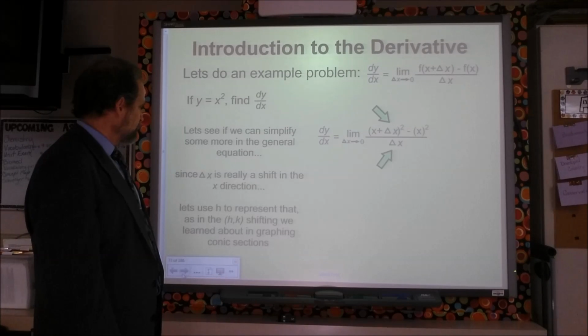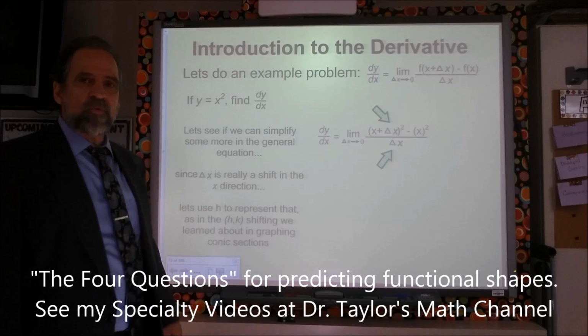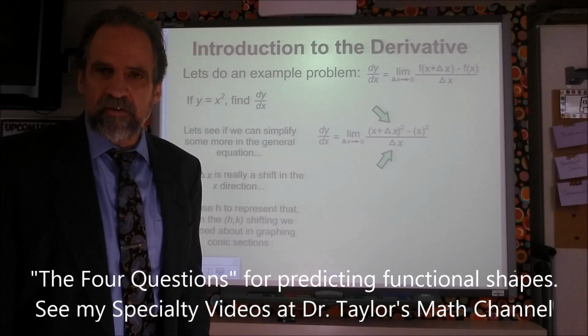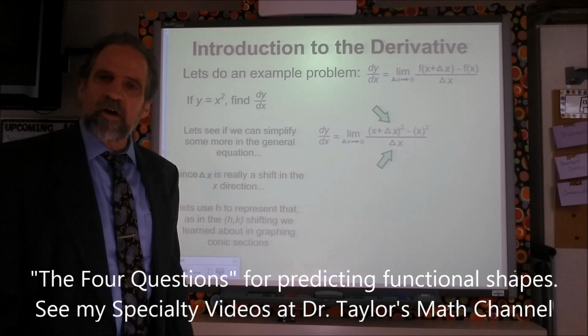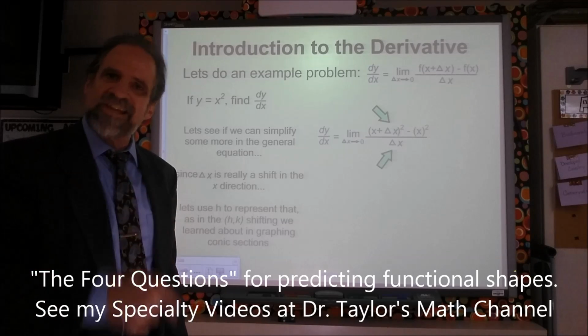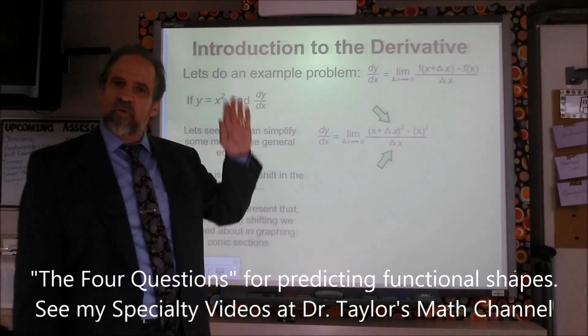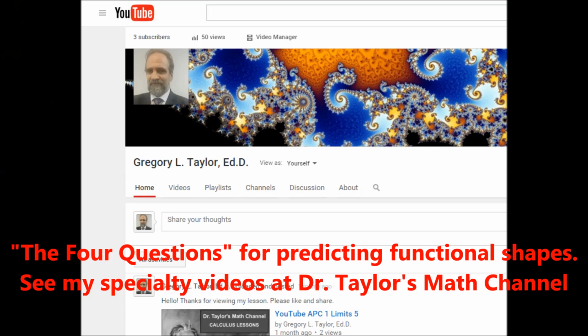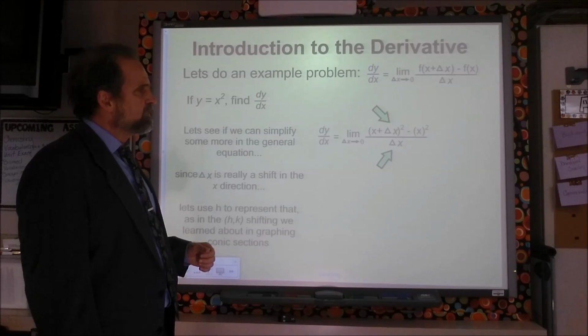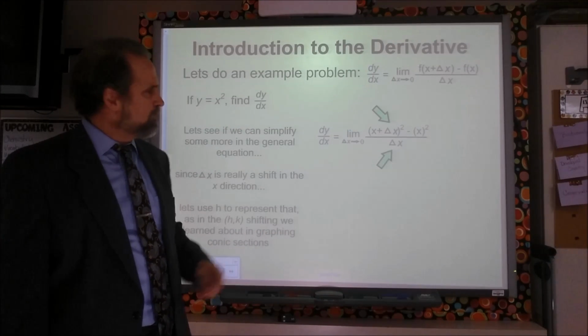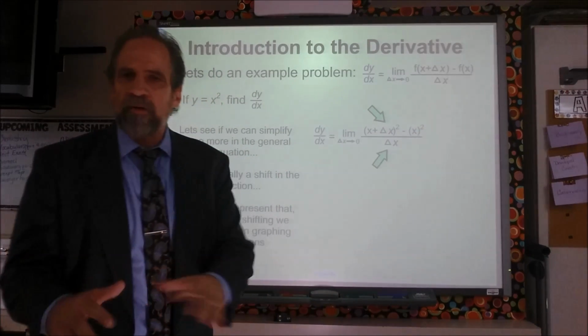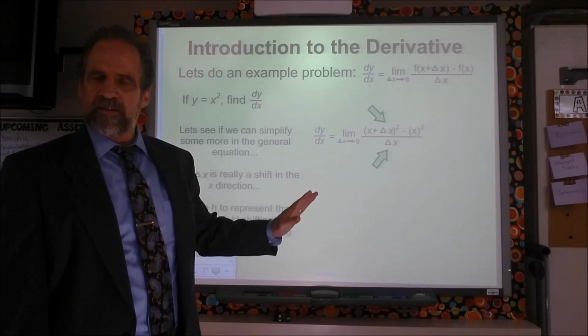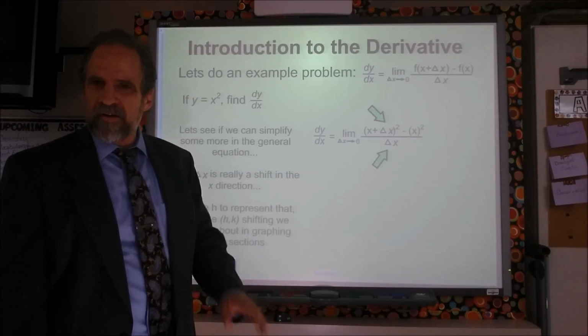This shift in the x direction, we remember from the 4 questions and from conic sections, we called that shift in the x direction h. Remember that? And we called the shift in the y direction k. So what's going to happen now is delta is a specialty thing, and when I'm typing a textbook, the more specialty things I type in, the harder it is for typesetting.